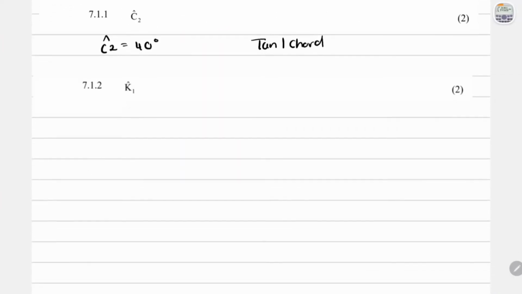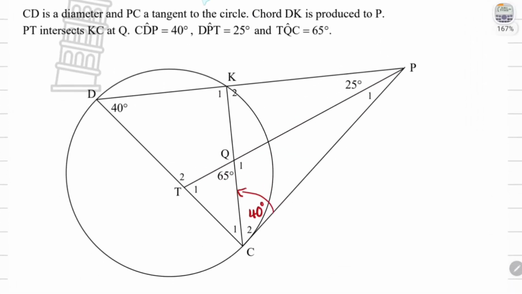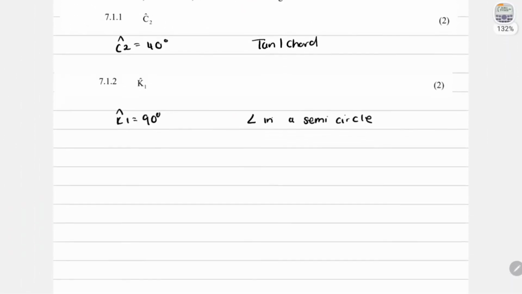So angle K1 is 90 degrees. And the reason you can use there is angle in a semicircle. Make sure you also put that. I'll just put the symbol for 90 degrees over there. So we have that. Moving on to the next question.